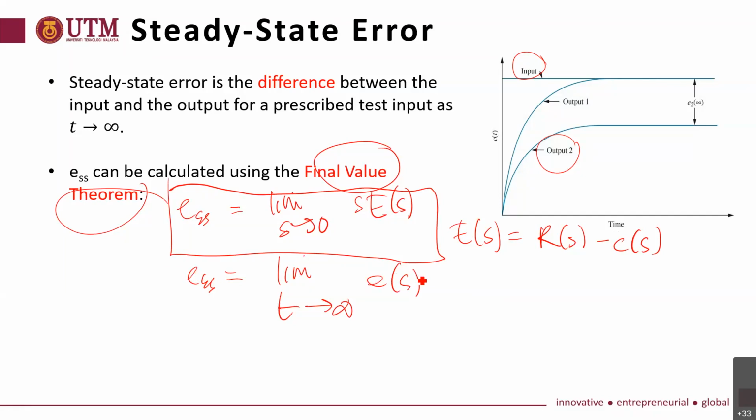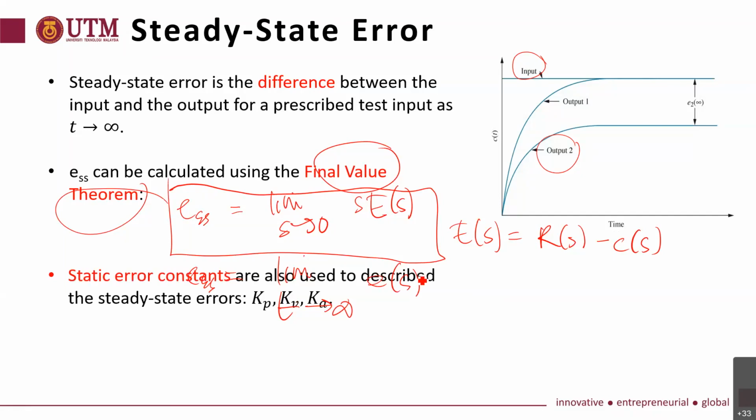Besides steady state error, we also have what we call static error constants. I'm not sure whether this was taught in your section or not, but I mentioned it to the students.